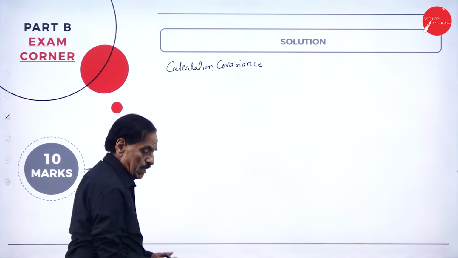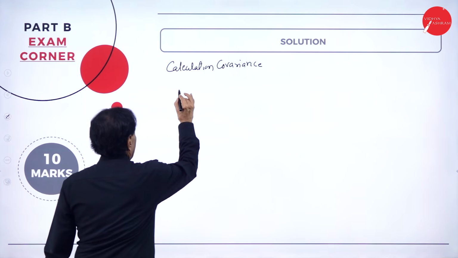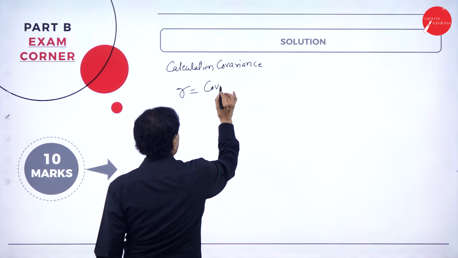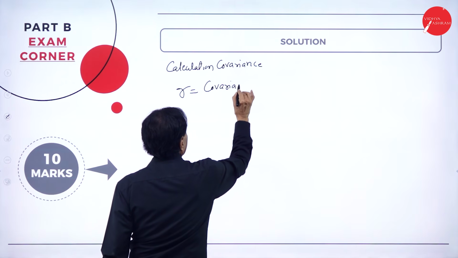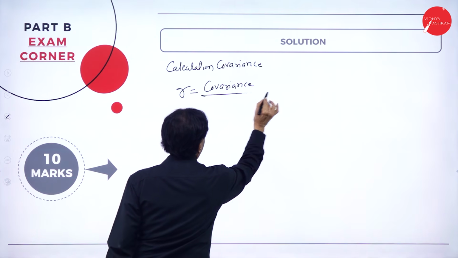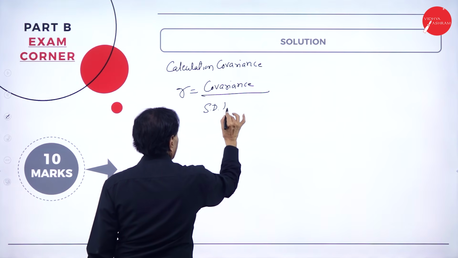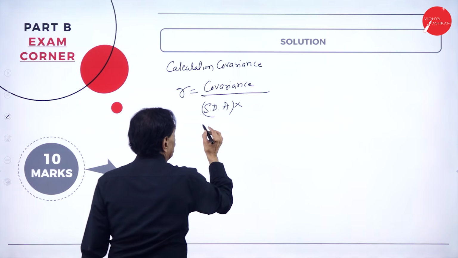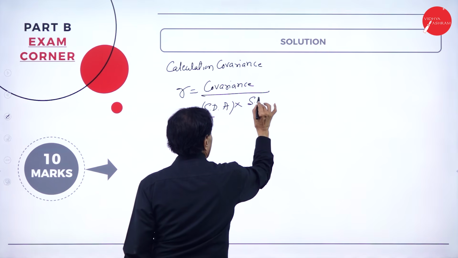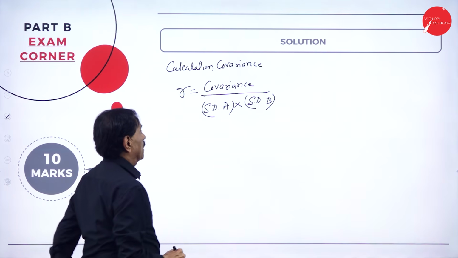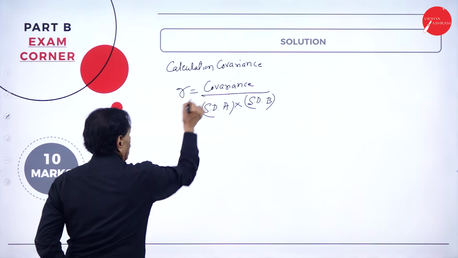Formula. Correlation R is equal to covariance divided by standard deviation A into standard deviation B. This is the formula. Then he wants covariance.